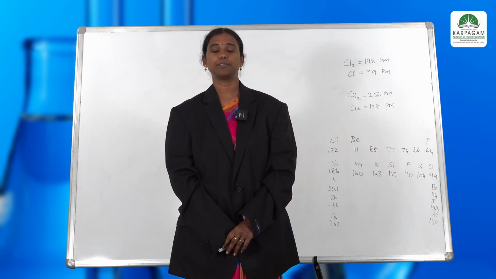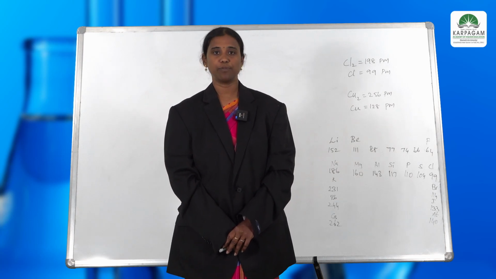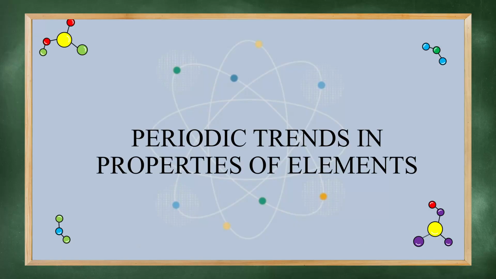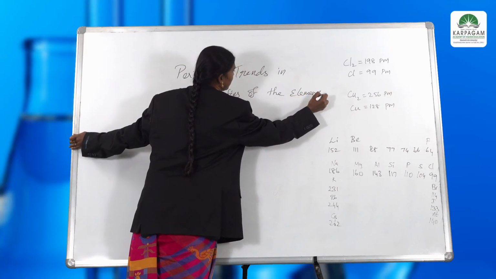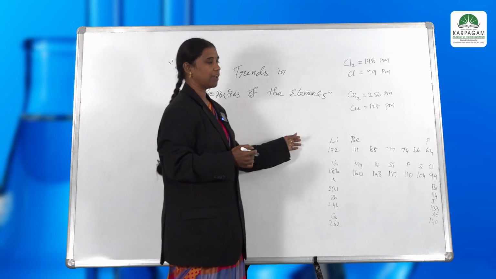In last class we saw the classification of elements like S block, P block, D block and F block elements. Today the topic is periodic trends in properties of the elements. The periodic table is fully filled with elements.